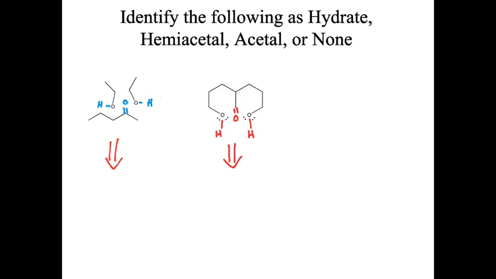If you are suspicious of a cyclic system, it can be helpful to count your carbons and actually label them out. That was a dumb way to label it, so let's try that again. Actually, I changed my mind. I've got a 5-carbon chain, 1, 2, 3, 4, 5.